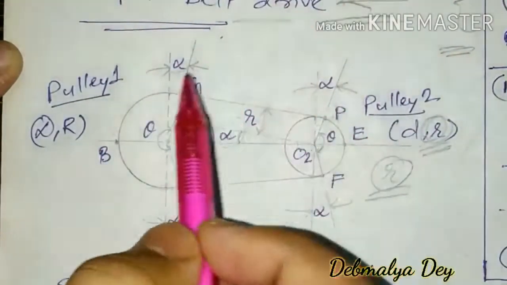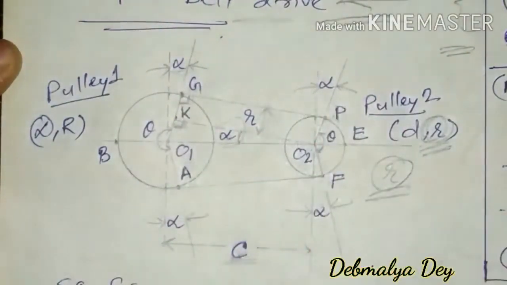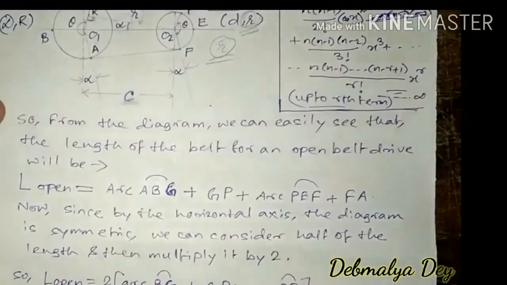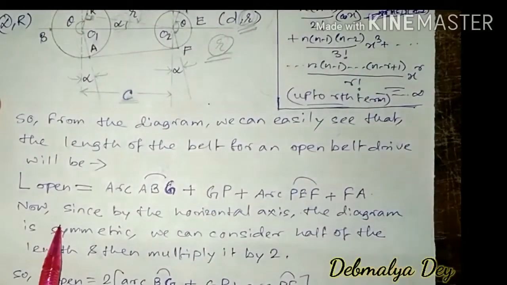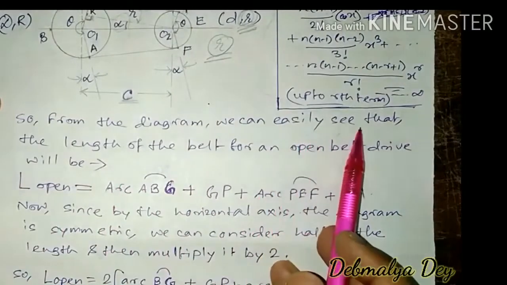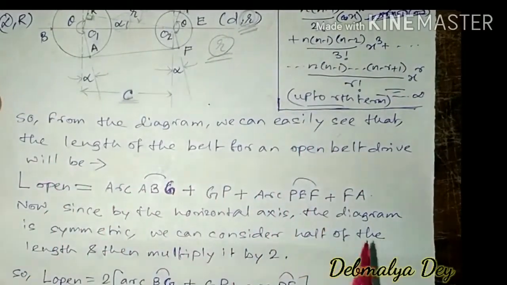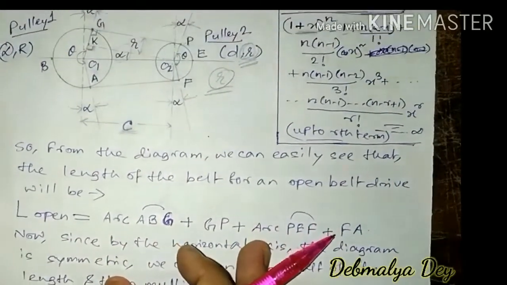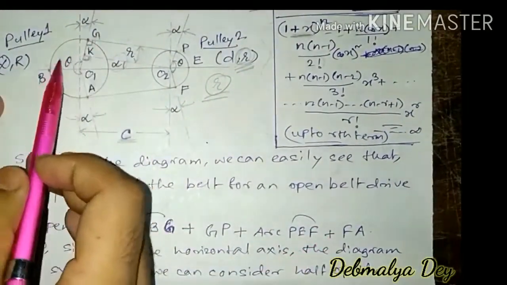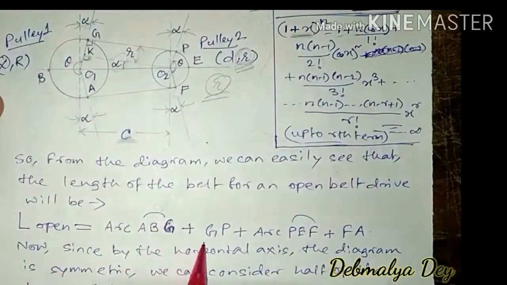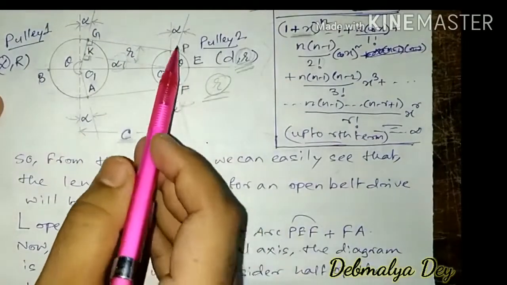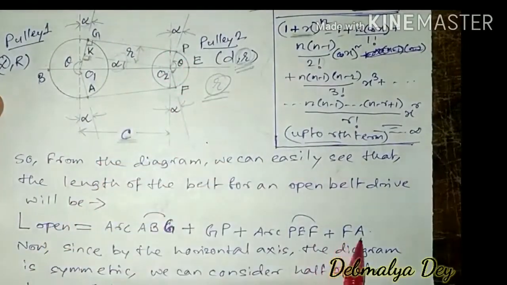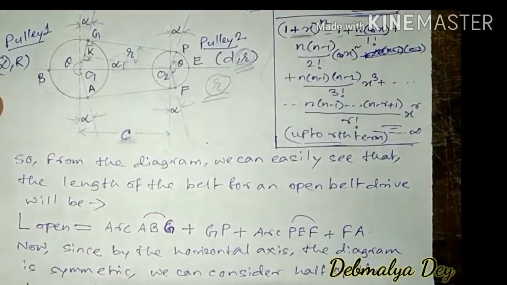Now if we sum up all these lengths, we will get the length of the belt in an open belt drive. So students, from the diagram we can easily see that the length of the belt for an open belt drive will be L open equals arc ABG, that means this arc ABG, plus GP, this length GP, plus arc PEF, this arc, plus FA. I hope this is clear.